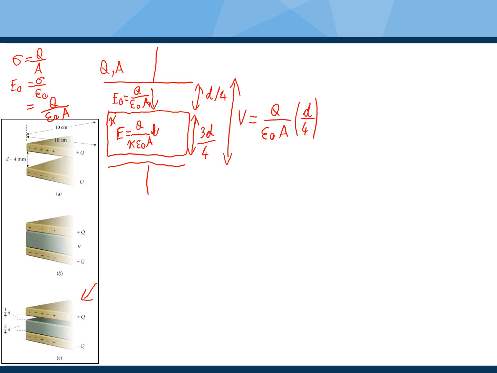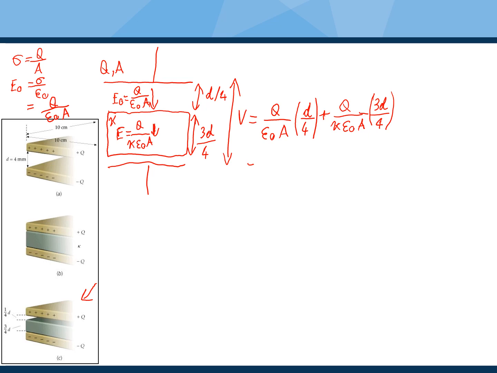But we have a further voltage in the dielectric. So we take the electric field in the dielectric, which is given by Q divided by kappa times epsilon naught times A, multiplied by the thickness of the dielectric, which is 3 times D over 4. Okay, so now we can go ahead and factorize.